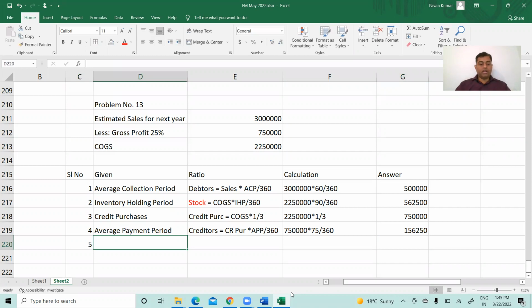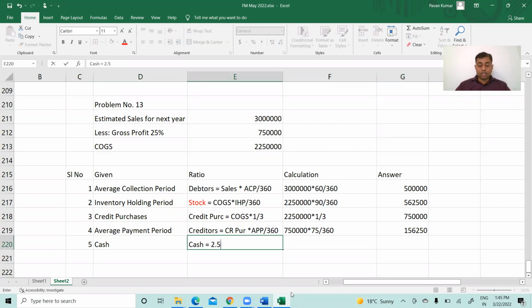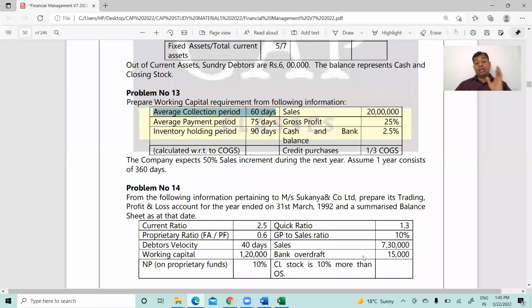Okay, then 5, cash. They said cash is equal to 2.5%. They have given 2.5% on what? They have not mentioned anything. Can I take 2.5% on current assets? No. If I take 2.5% on current assets, it will become a loop. Cash changes, current assets will change.